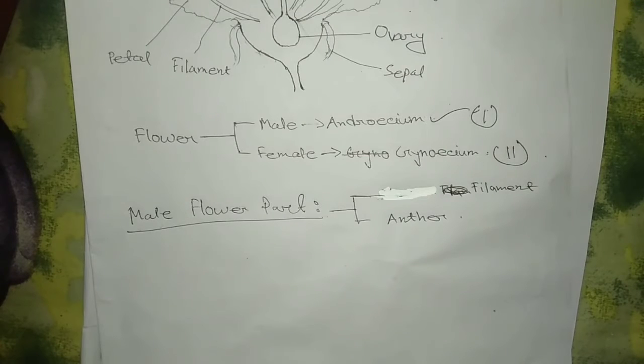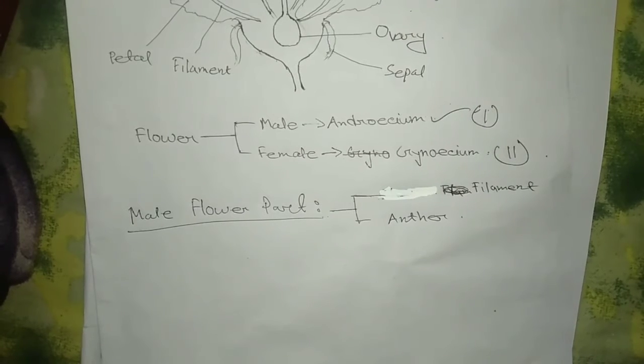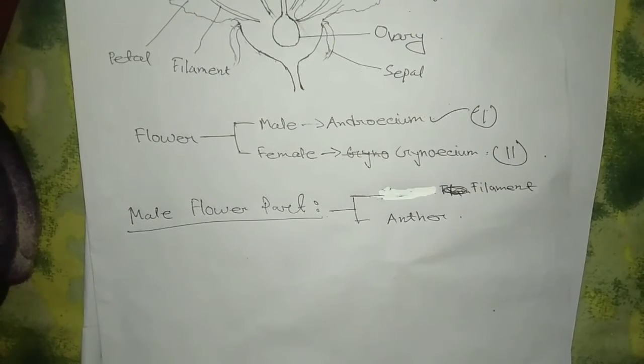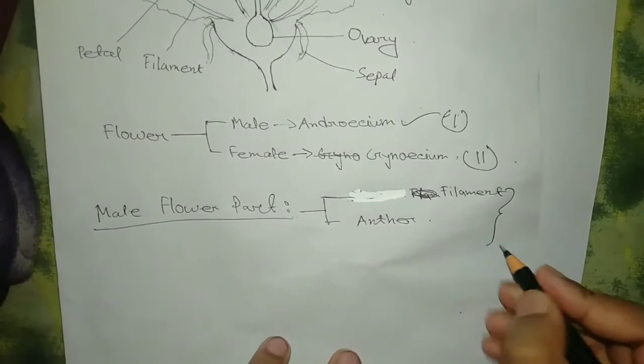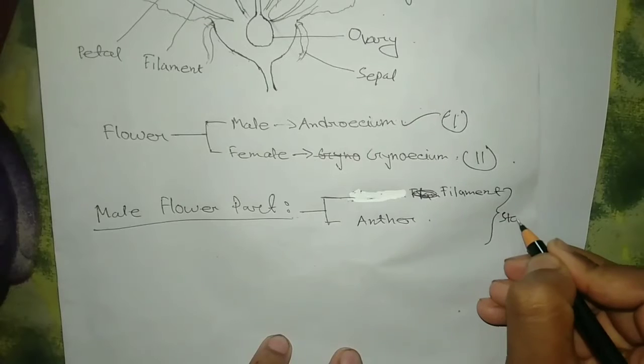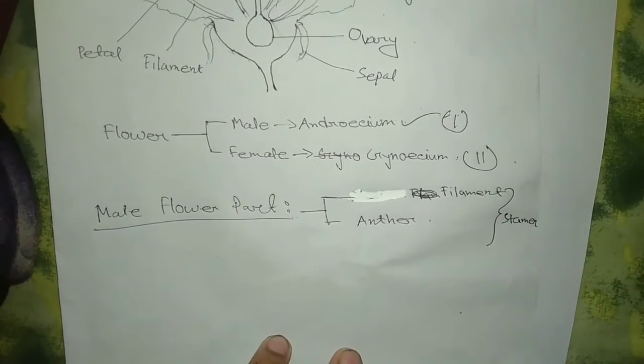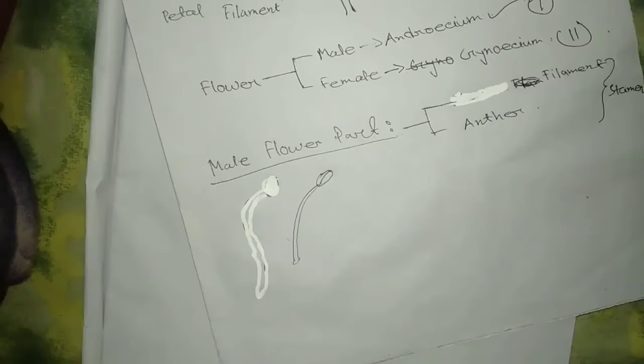So we will study more about the anther. Filament and anther together we call the stamen, which is the male part of a flowering plant.